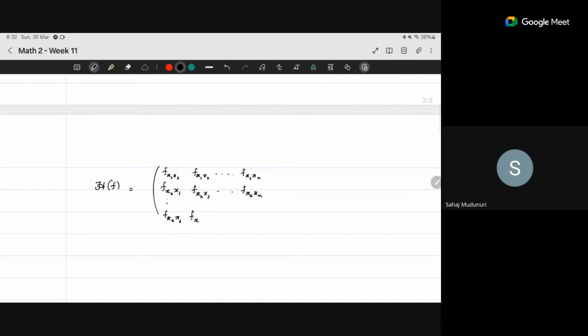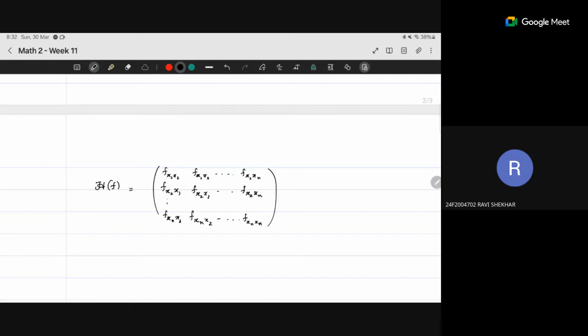What am I doing? It should be 1 n. Wait, rows must be columns. Oh, am I writing the transpose of the matrix? I think so. This is fine, I think.